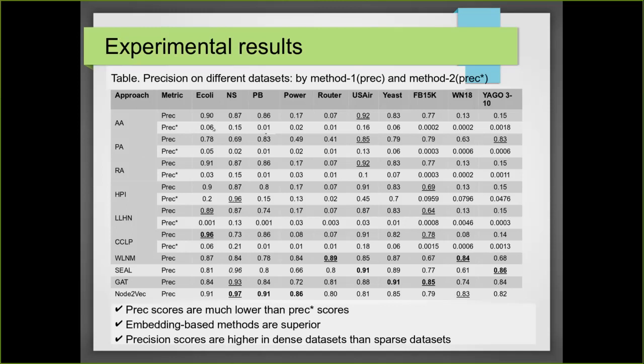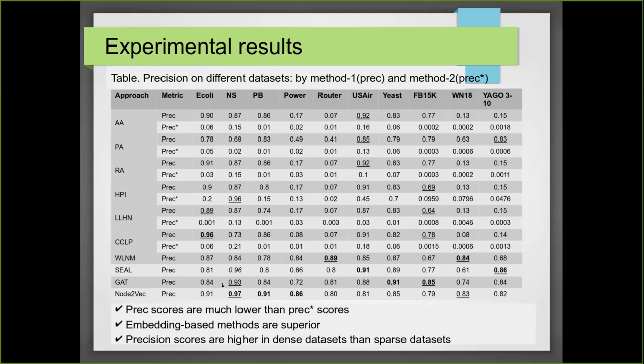If we compare, the precision scores by method 2 are much lower than the precision scores by method 1 in all of the methods, in all of the graphs. And the embedding-based approaches show higher precision scores when compared to method 2 scores.